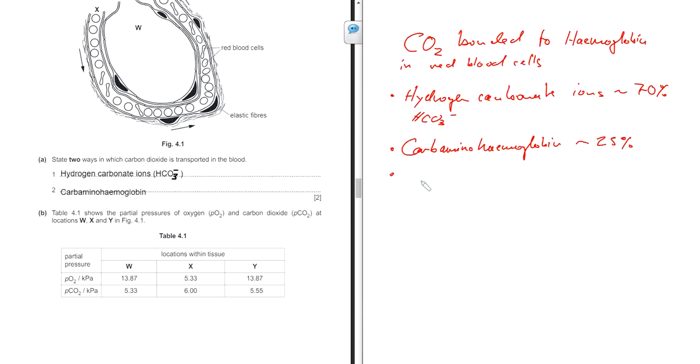And then we have carbon dioxide dissolved in blood plasma, which is about 7%, I guess, to add it up to the 100.